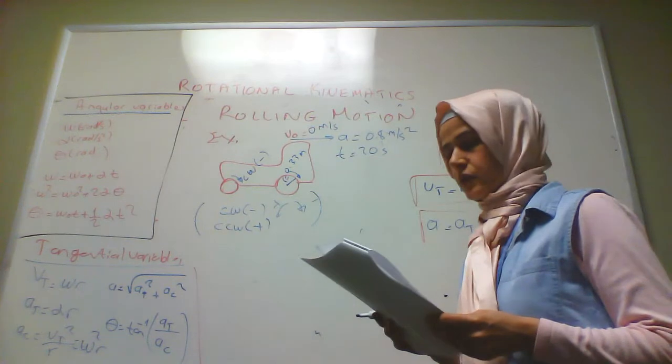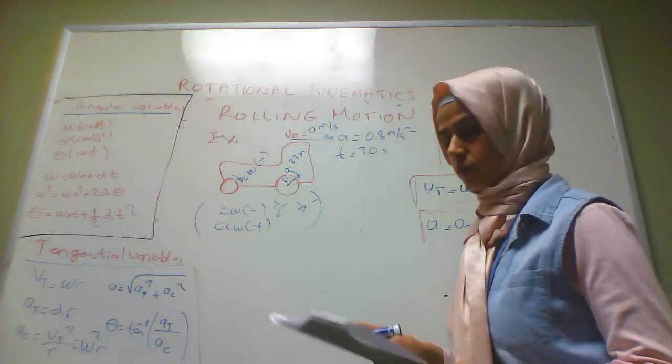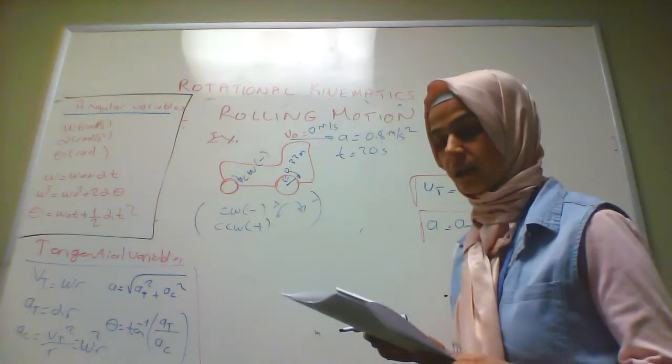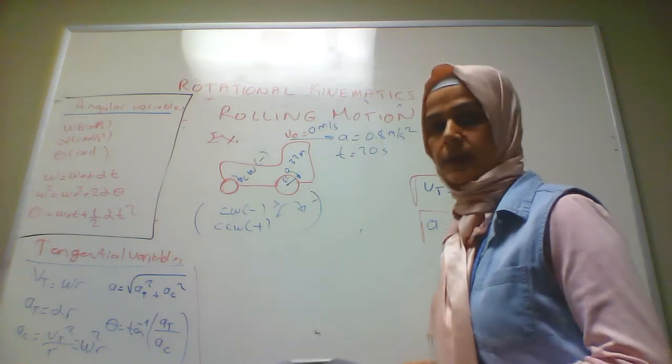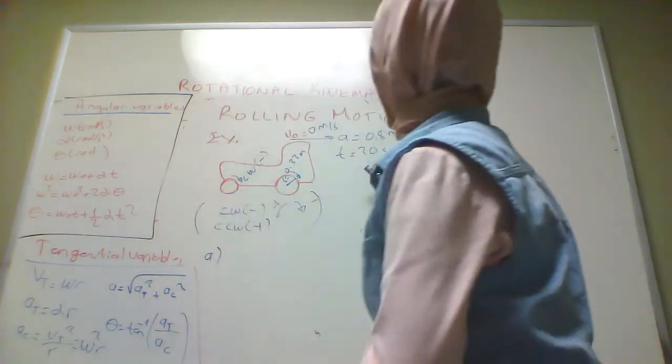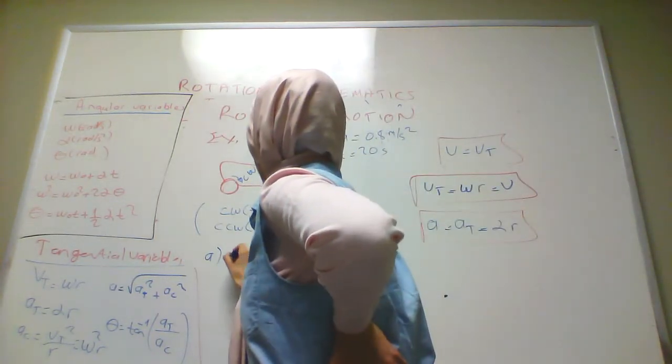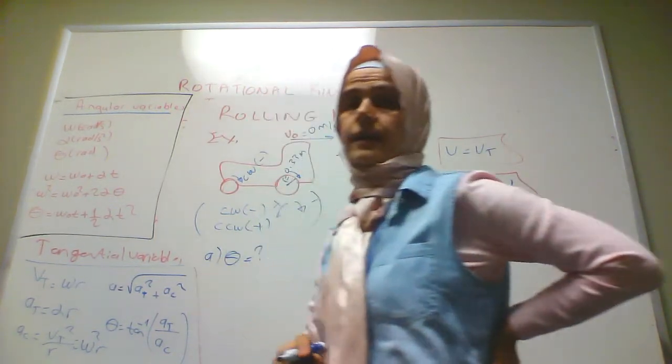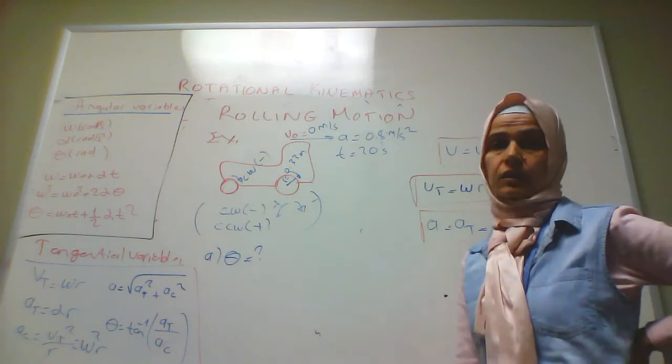Now there comes the question. At the end of the 20 seconds interval, A: what is the angle through which each wheel has rotated? So A is asking, at the end of the 20 seconds interval, what is the angle each tire has rotated, which is the angular displacement?